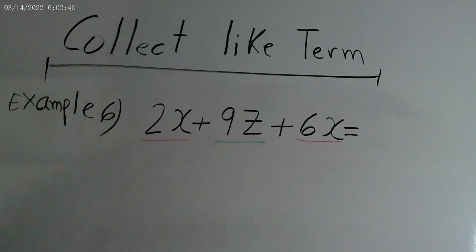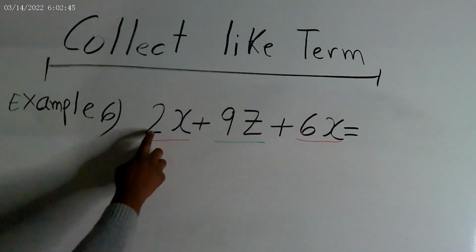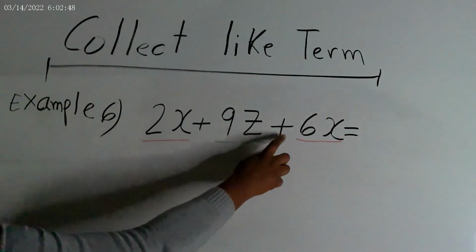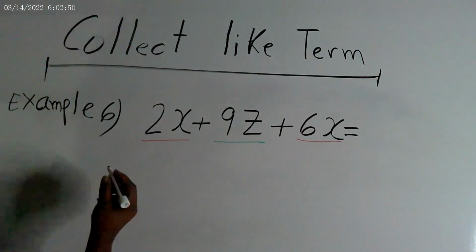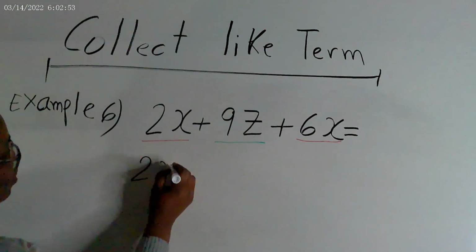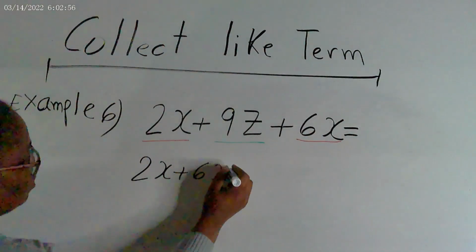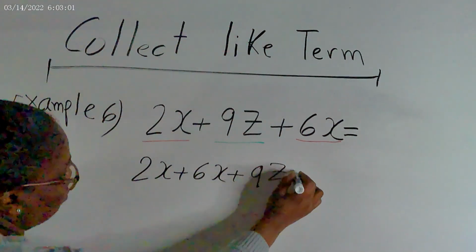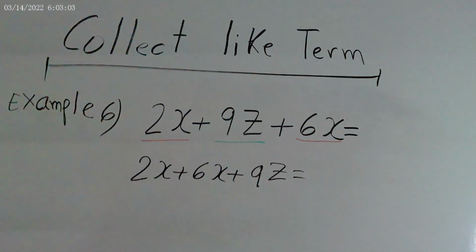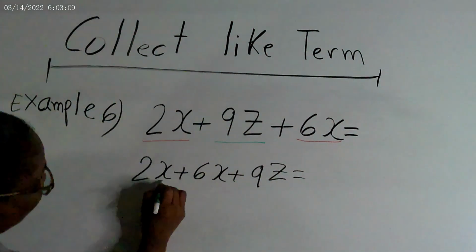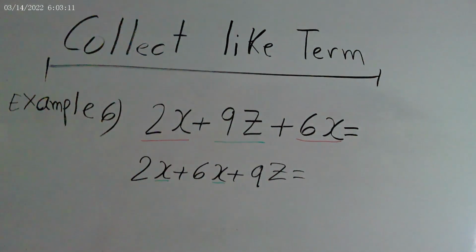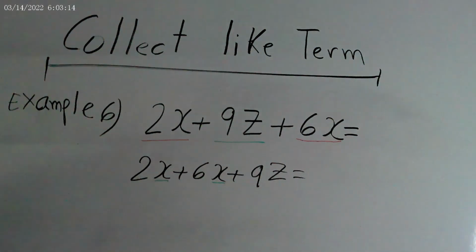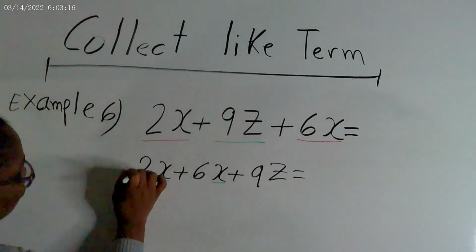Okay? So now, let's go. You have 2x and 6x. 2x plus 6x. And then you have 9z. Because this one is the x and this one is the x, we're going to collect them. Right here, you have a plus.